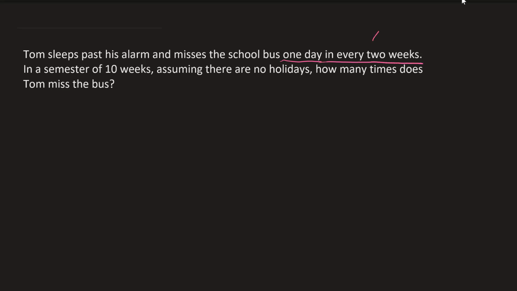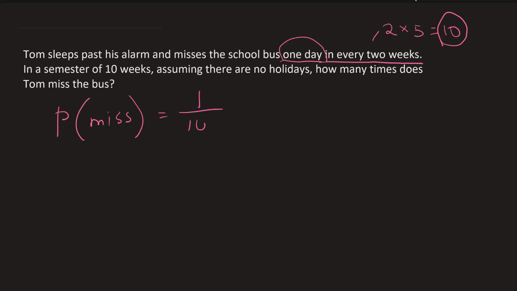2 weeks, let's multiply that to get the number of days. So there are 5 school days in a week, that's 10 days. So Tom misses the school bus one day out of every 10 days. So the probability that he misses the bus is 1 out of 10.